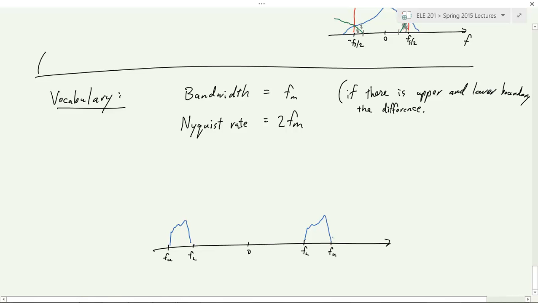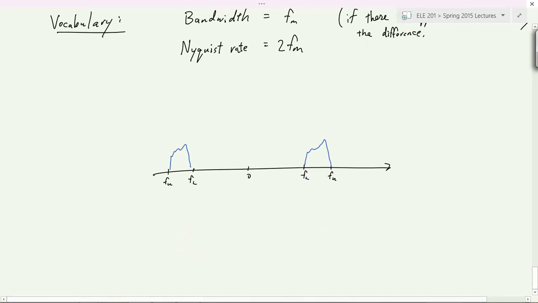Like, for example, let's assume for the moment that the lower boundary is greater than half of the upper boundary. So it's pretty narrow off to the side.